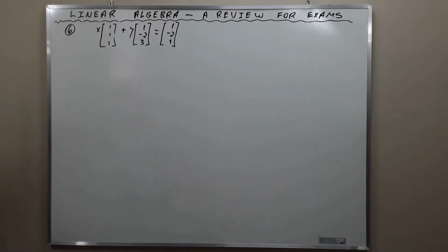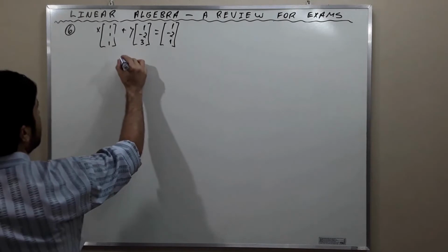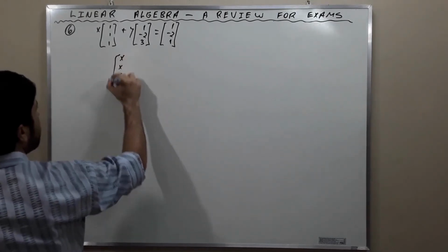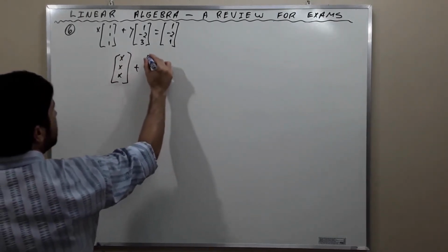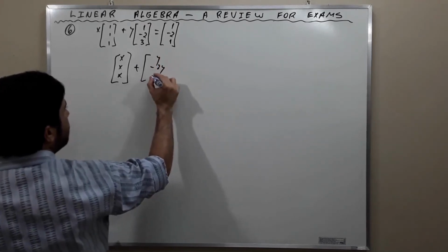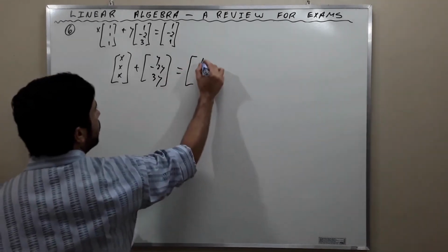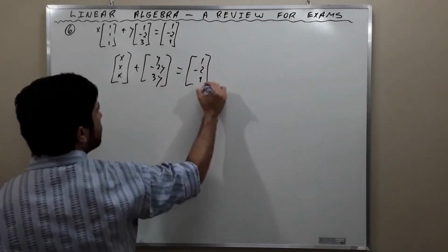It is very simple. Just to exercise, you can say that x plus y, x minus 2y, x plus 3y is equal to 1, negative 2, and 1.